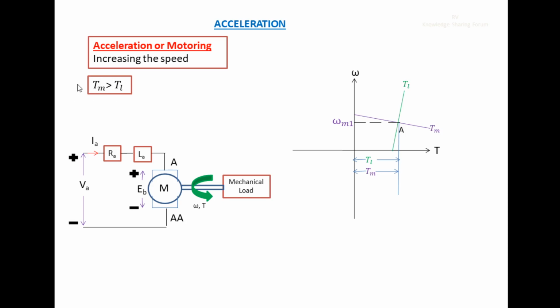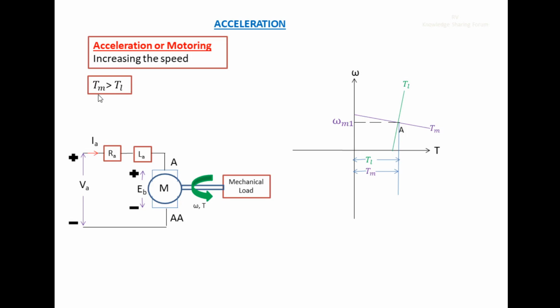If we make the motor torque greater than the load torque, then our speed increases. One thing we should know is that motor torque always increases or accelerates the speed of a motor. Once again I am repeating, the motor torque will increase the speed of an electric drive. So if you want to increase the speed, you have to increase the motor torque compared to the load torque.